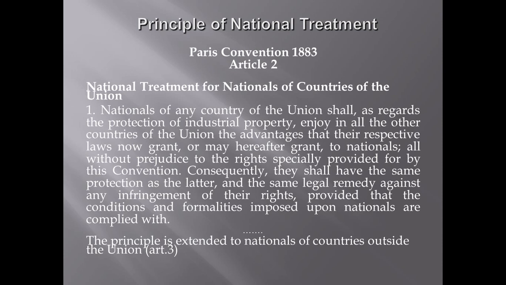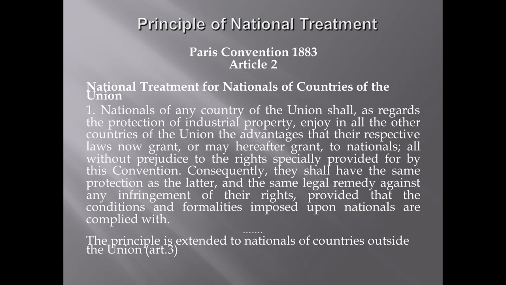Then national treatment is alluded to in the Paris Convention, Article 2, which speaks of national treatment for nationals of countries of the Union. So all members of the Paris Convention, when it comes to national treatment, it says that nationals of any country of the Union shall, as regards the protection of industrial property, enjoy in all other countries of the Union the advantages that their respective laws now grant, or may hereafter grant, to nationals, without prejudice to the rights specially provided for by this convention.